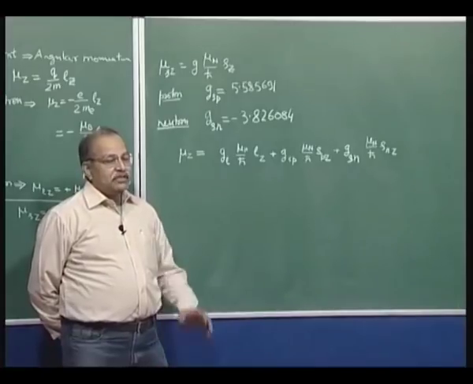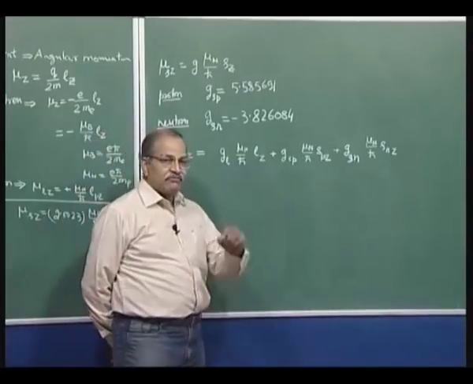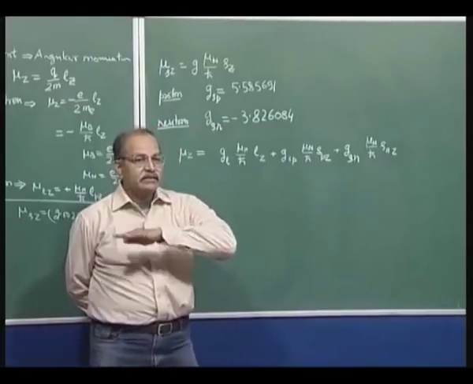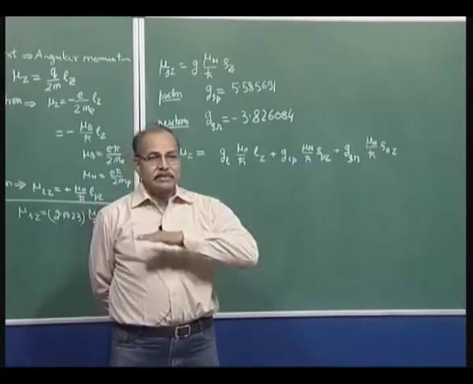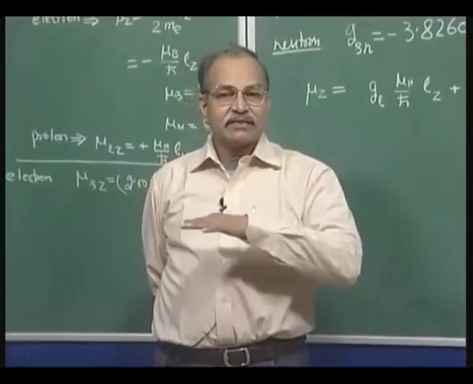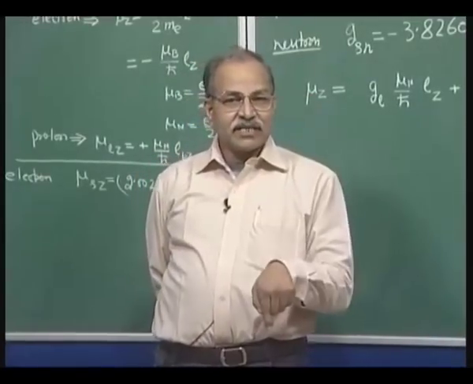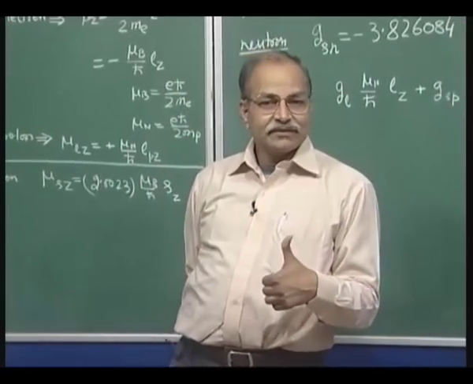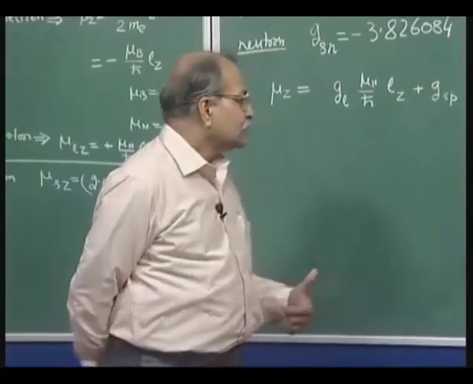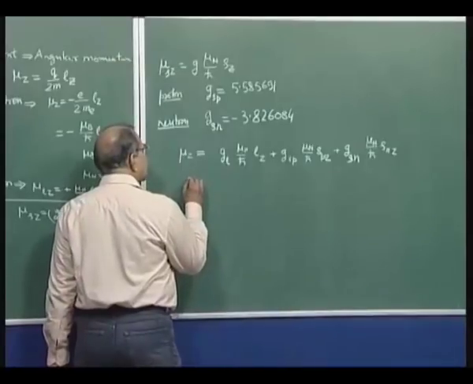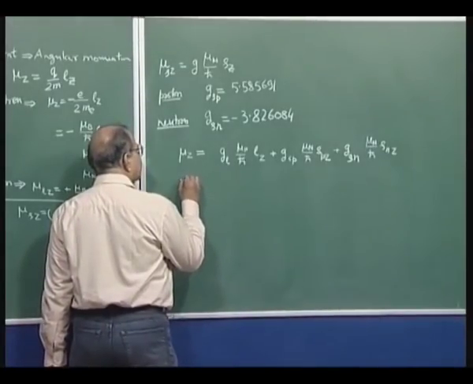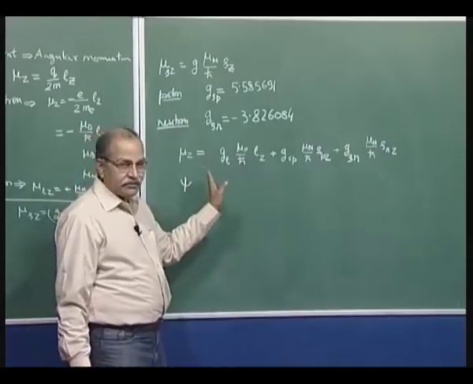Now, if the nucleus has wave function, some wave function psi, we are talking of deuteron and its bound state. So, the wave function is the eigenfunction of that Hamiltonian with lowest energy. For deuteron, it is only one energy, one single bound state. So, if the wave function is psi, this wave function psi depends on whatever quantities.